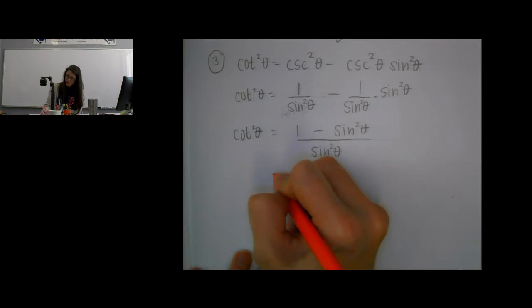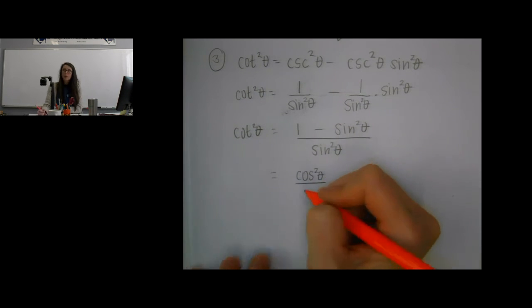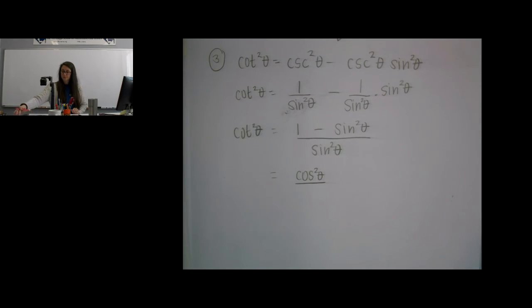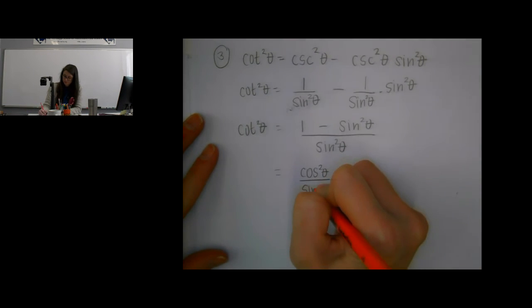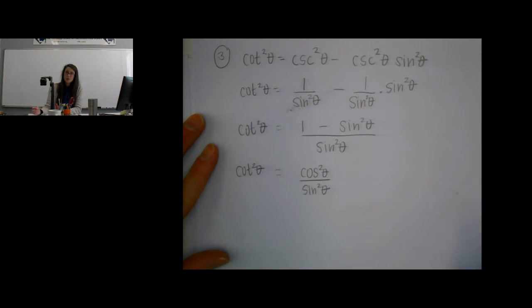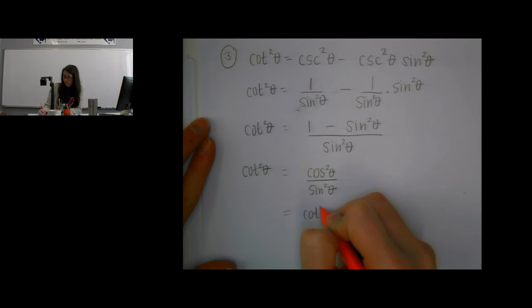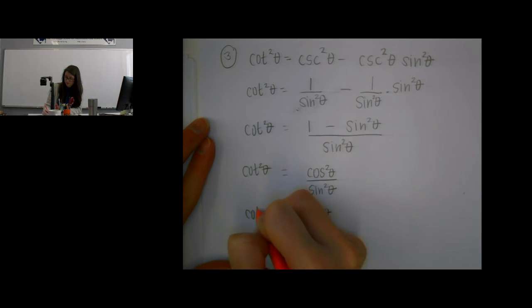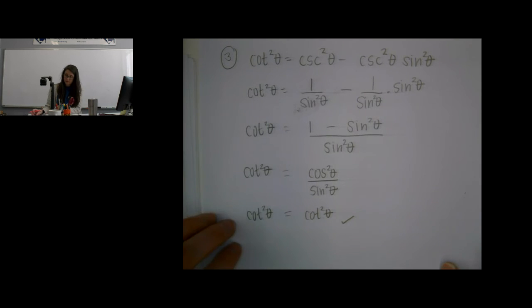So 1 minus sine squared theta is cosine squared theta over sine squared theta. So cosine squared over sine squared is cotangent. Good deal.